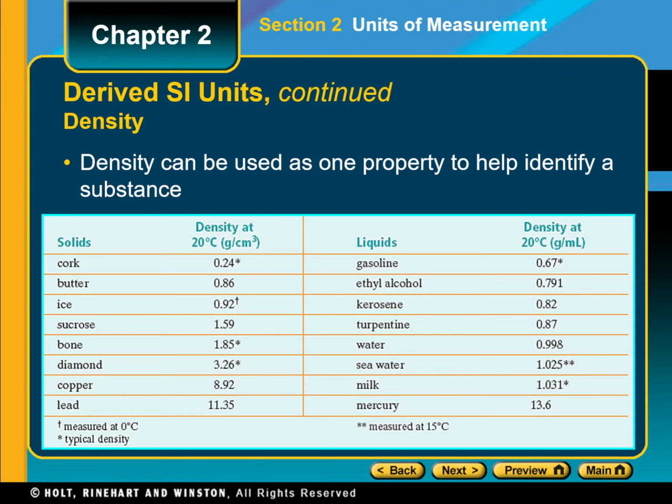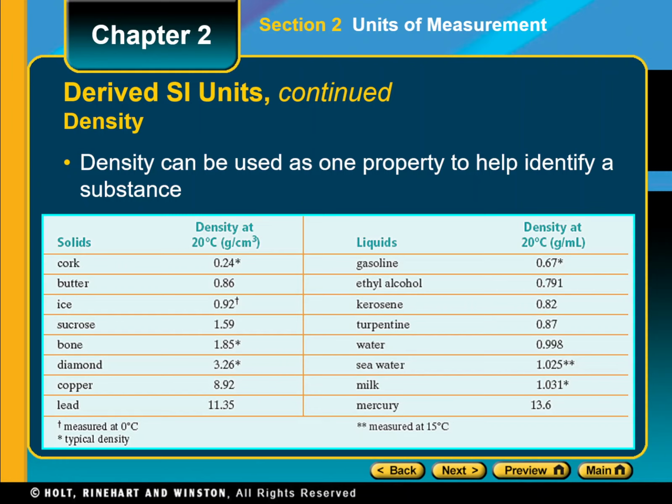Mercury is a liquid that is much denser than water. Copper is a metal that has a density between those of water and mercury. Therefore, copper would float between water and mercury. Cork has a density that is much less than that of water.